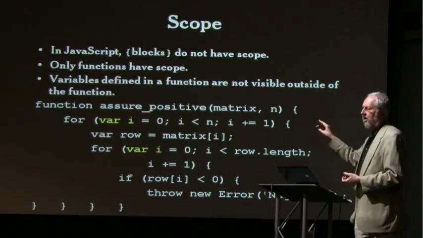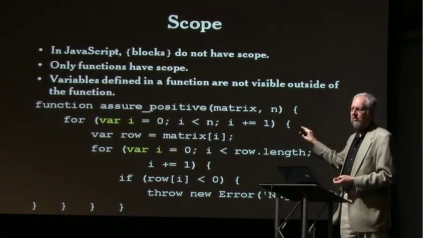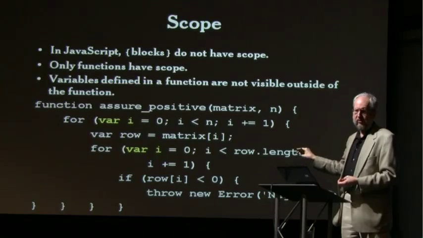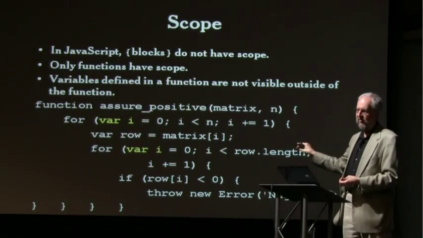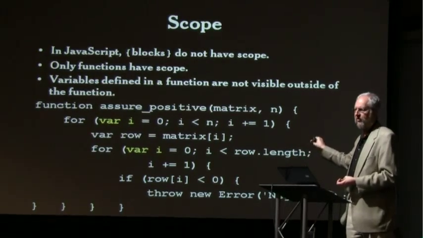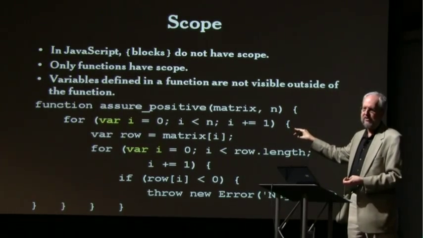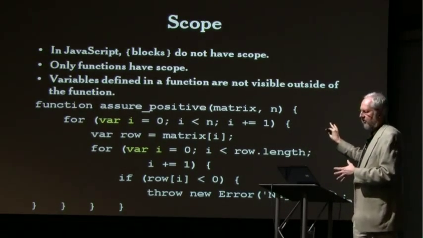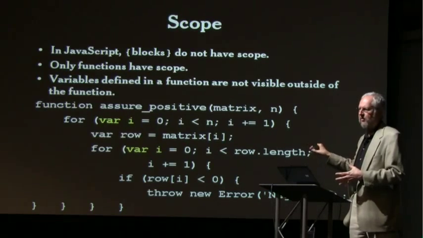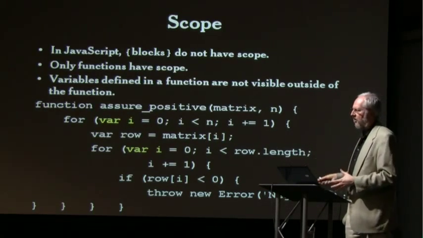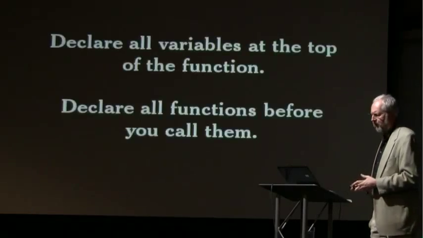And that's because the programmer thinks he's created two I variables, but in fact there's only one I variable. And so the inner loop is constantly resetting the I value so that the outer loop will never finish. So that's something to be aware of. In JavaScript, you can't be depending on block scope.